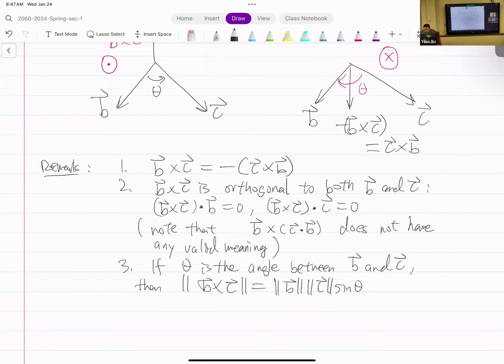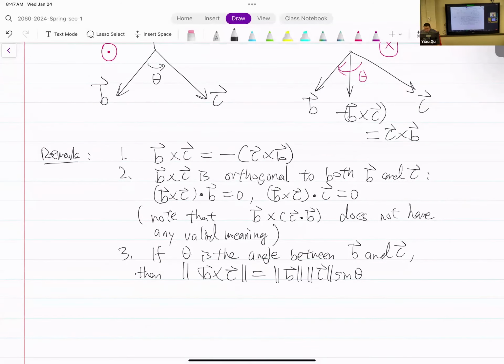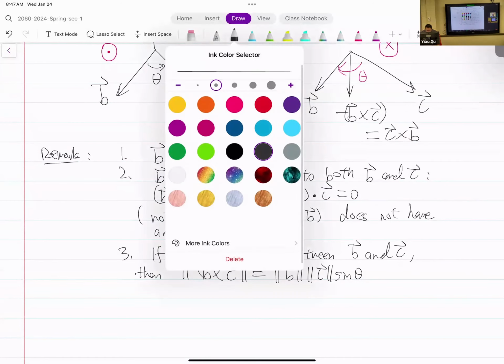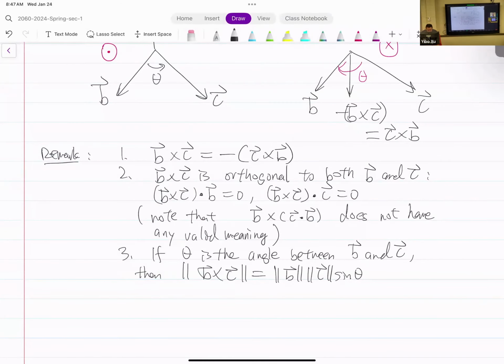If you recall, for a dot product it's a cosine, but here we are calculating the area of a parallelogram, so it's a sine.